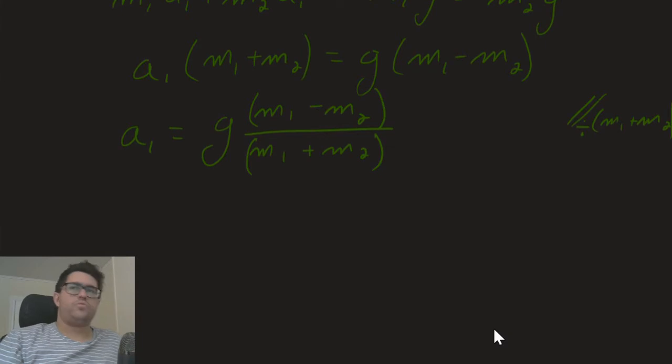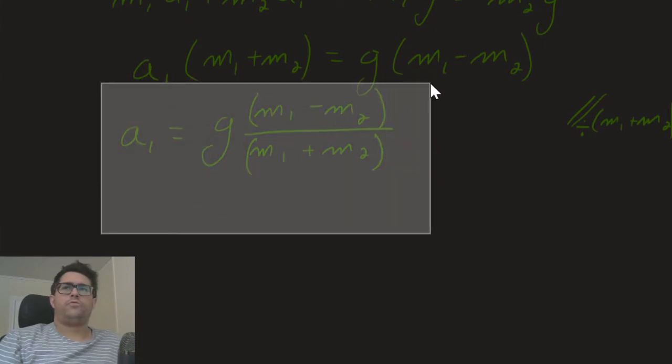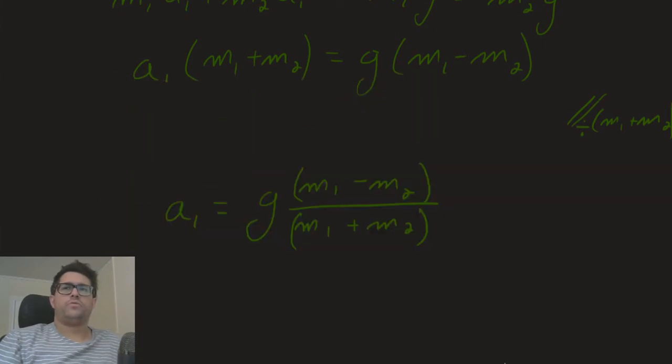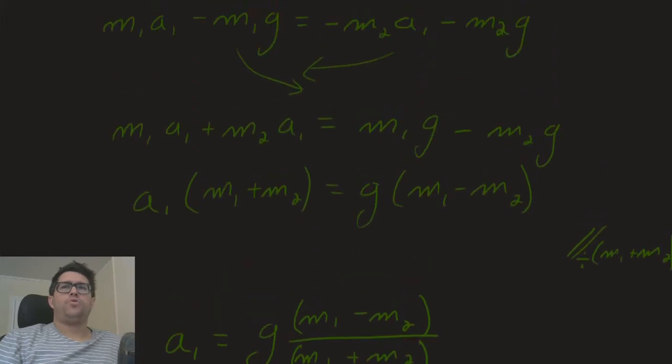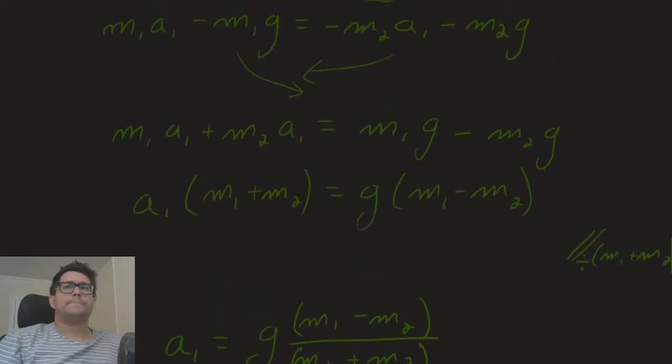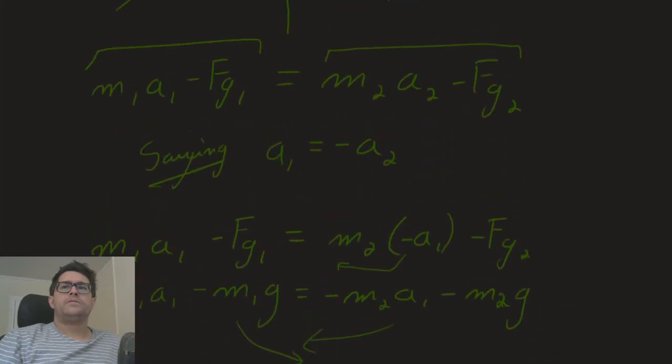And this is the Atwood formula that we can use. Now that we have this, we can answer the problem here. Would we have done it another way? Yes, right?